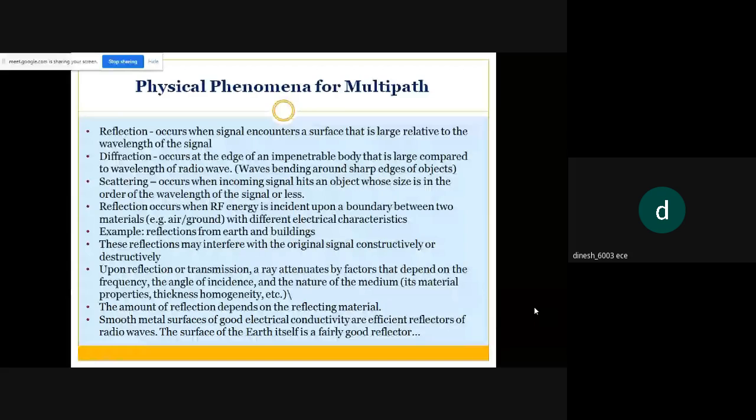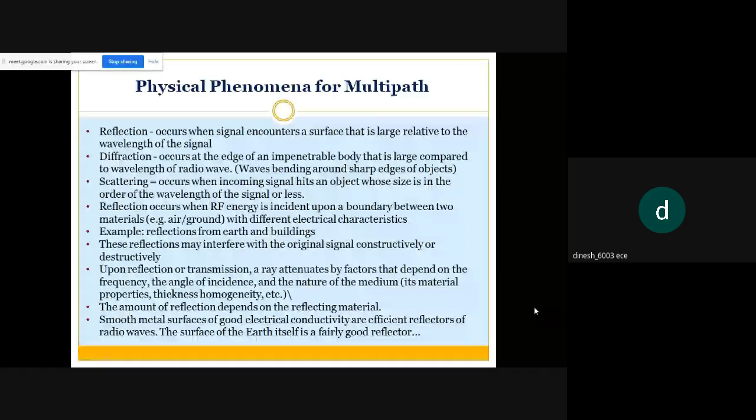About the reflection. So reflection occurs when the radio wave is incident upon a boundary between two materials, the air and the ground, with different electrical characteristics. Examples of reflection: reflection from foliage is also an example.